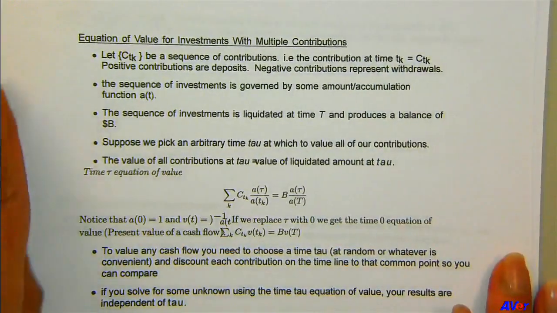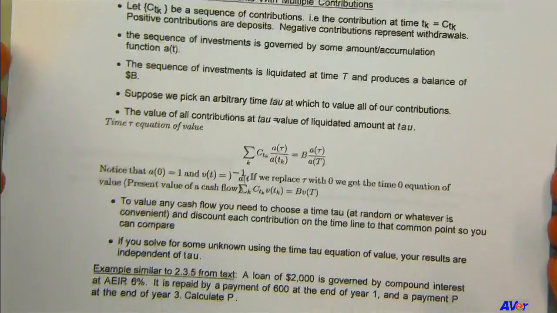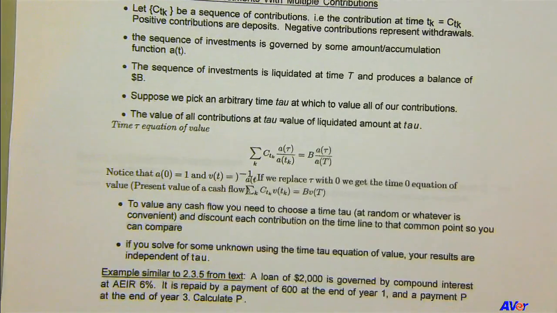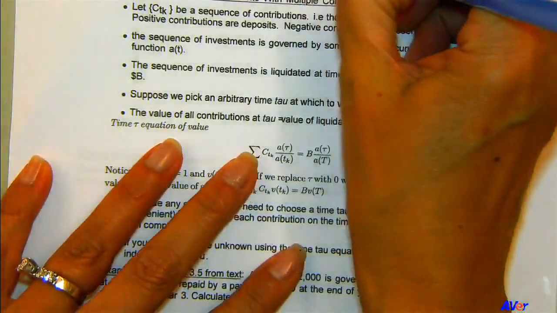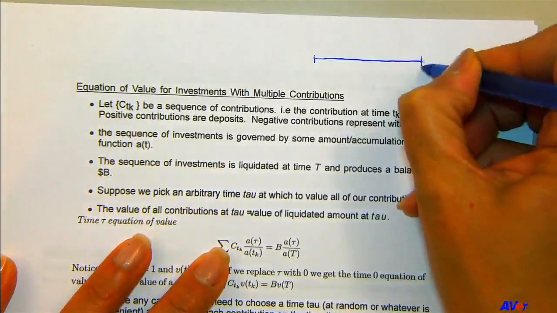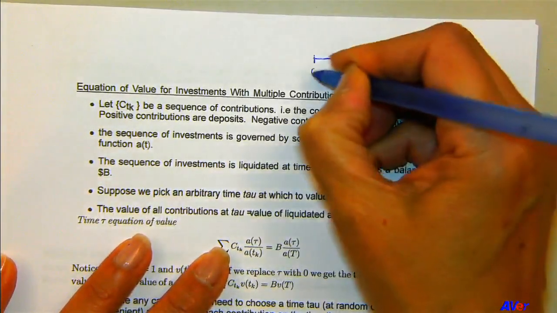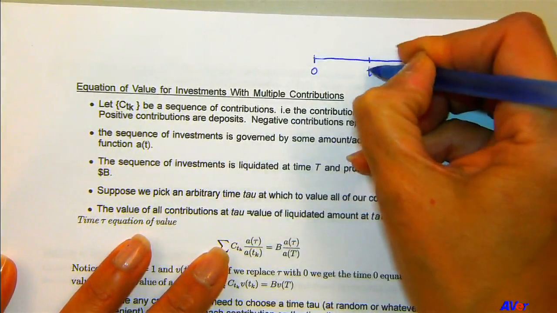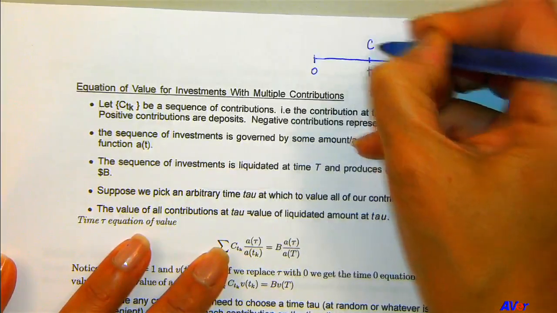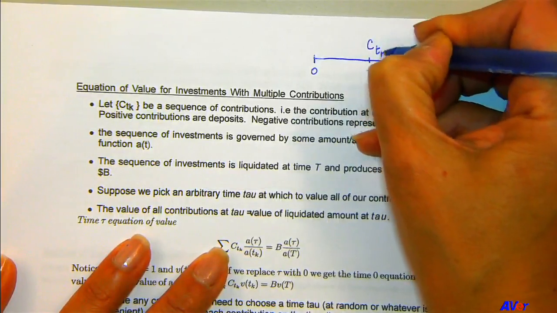So it says, let C, t_k be a sequence of contributions, i.e. the contribution at time t_k, like this. So time t_k, and the contribution is C of t_k.